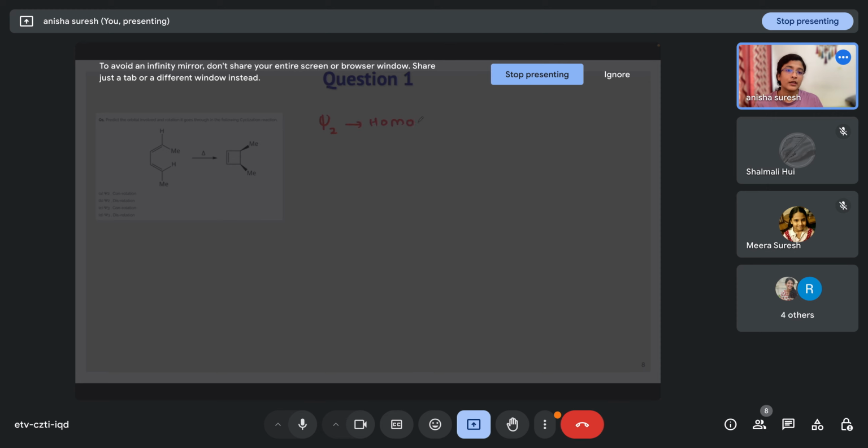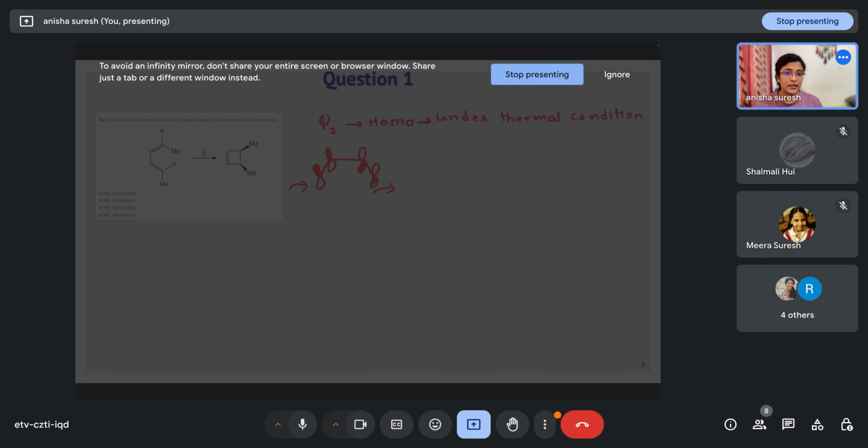HOMO under thermal condition. And we have seen that this is the psi 2. And for orbital overlap to take place, rotation should take place in this fashion, same direction.